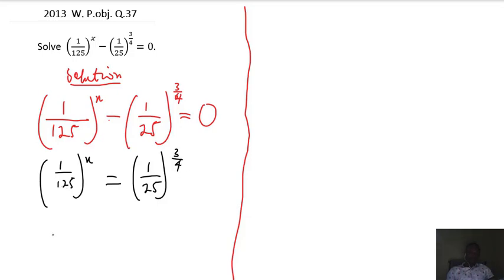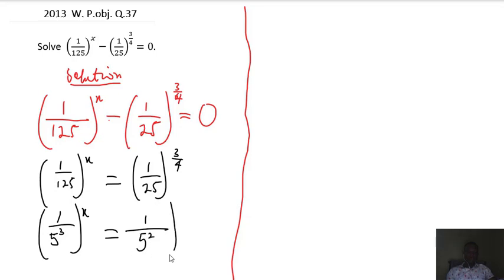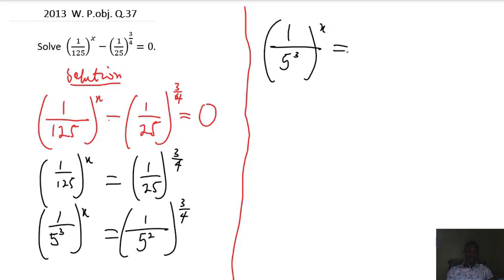So 1 over 125 can be written as (1/5^3)^x, and it's equal to 1 over 25, which can be written as 5^2, all exponent 3/4. Let's rewrite it again: (1/5^3)^x is equal to (1/5^2)^(3/4).